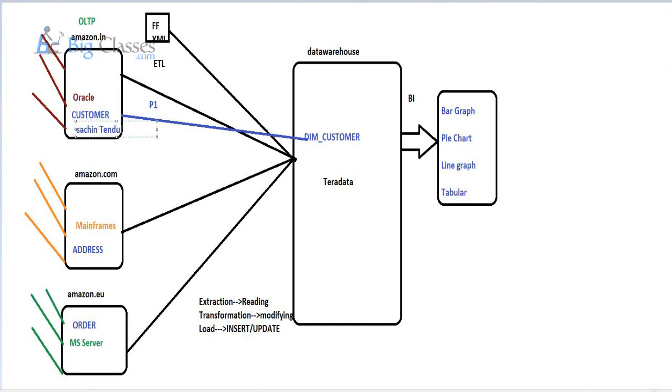When the customer name data is loaded into the dim customer, because of a program error, it is actually loaded as something like Sachin 10. So the name is being truncated here. Using column level data validation, we are going to understand if there is any mismatch between the source columns and the target columns.